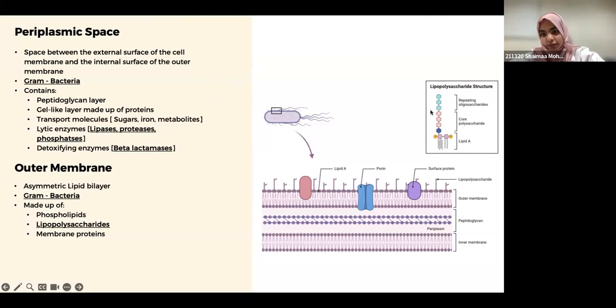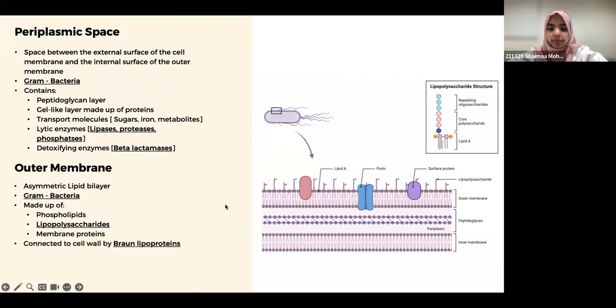And then the repeating oligosaccharides, the O side chains or O antigens, what do they help in? Antigen recognition, which helps us produce what? Antibodies, perfect. So we form antibodies against these O side chains, okay? And then the membrane proteins, you can see one of them is a porin, and we're going to talk more about the porins in a while.